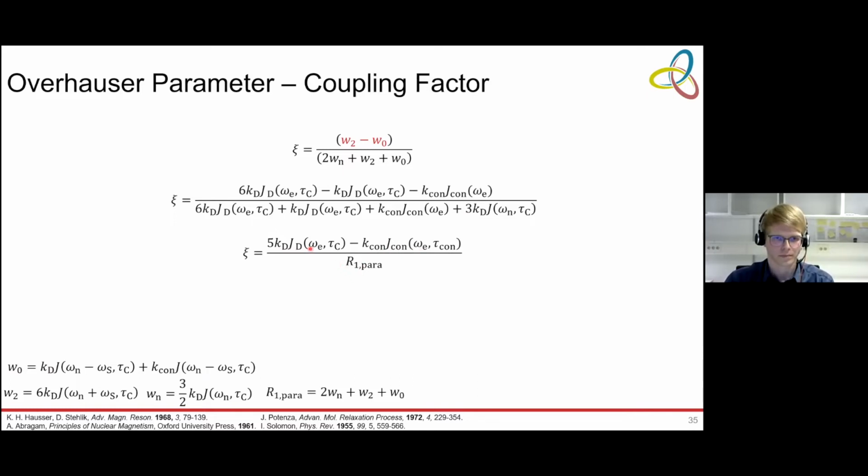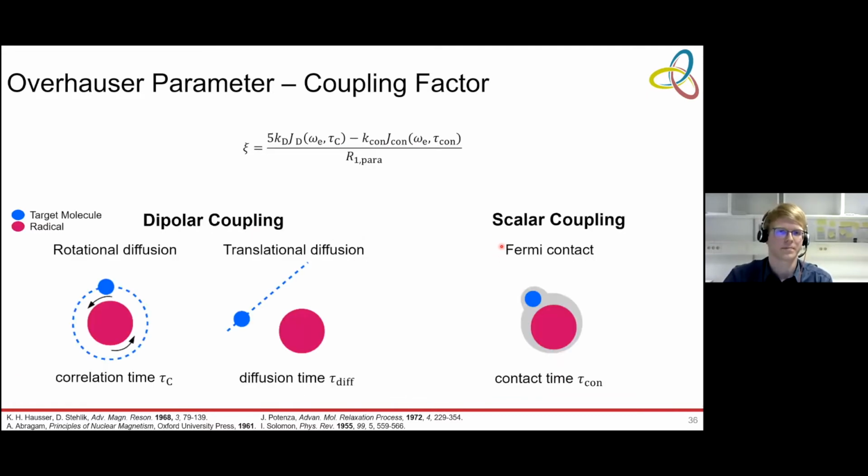So what are these spectral densities? What causes them? For dipolar coupling, there are two molecular motions that can induce dipolar cross relaxation, which are rotational diffusion and translational diffusion.